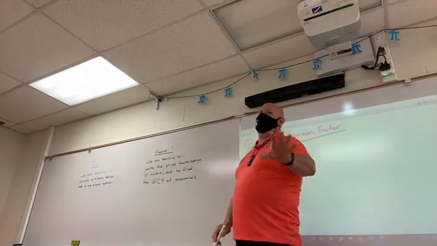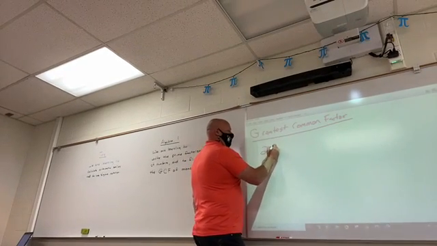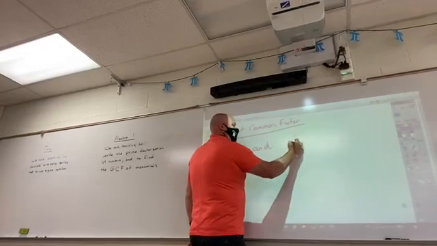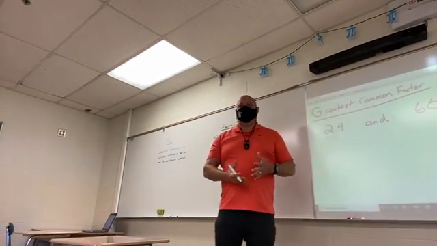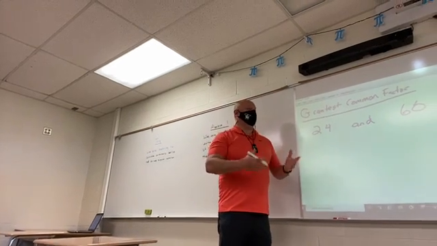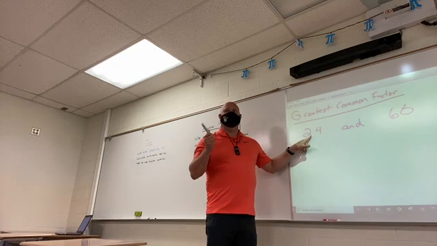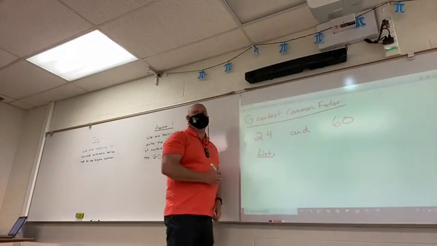Now, there's a couple different ways you can do this. Let's say our goal is to find the greatest common factor of 24 and 60. Okay? First off, what is a factor? Something times something equals that, right? So I could, if I wanted to, list all of the factors of 24.